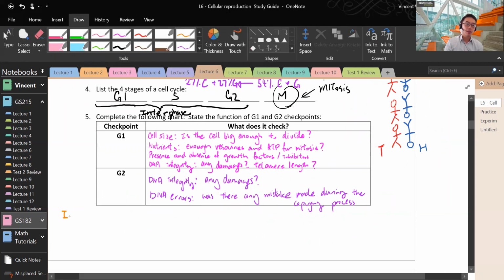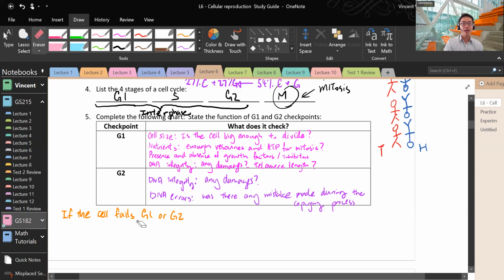Now I should make a note here. If the cell fails G1 or G2, okay, you won't fail both, right? Because if you fail G1, you automatically will not proceed to S. So you might pass G1 but not G2, or you will not pass G1 and the process will stop right there.